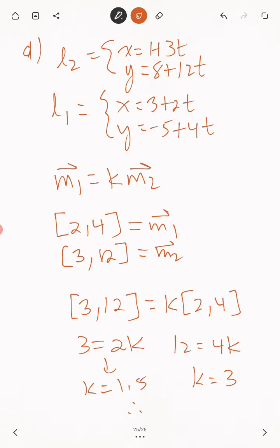Since the k values are not the same, therefore line 1 is not parallel to line 2. So L1 and L2 are not parallel.